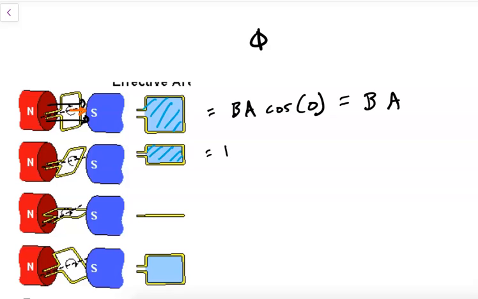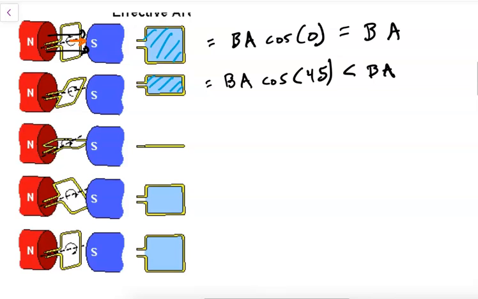Let's just say that angle's like 45 degrees. So this is BA cosine of 45, which we know is less than BA. That's all we need. And then when we have something that's perfectly parallel, we know that this is our normal, and our magnetic field lines are passing between here and here.